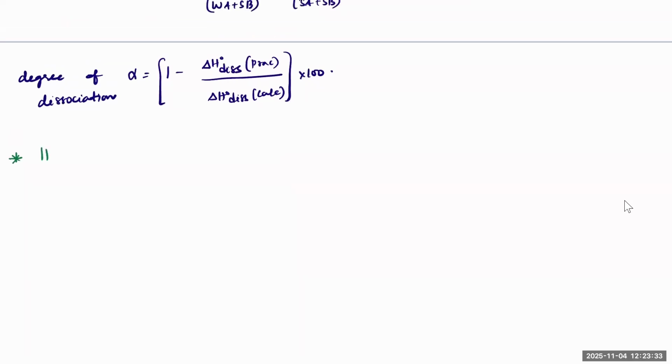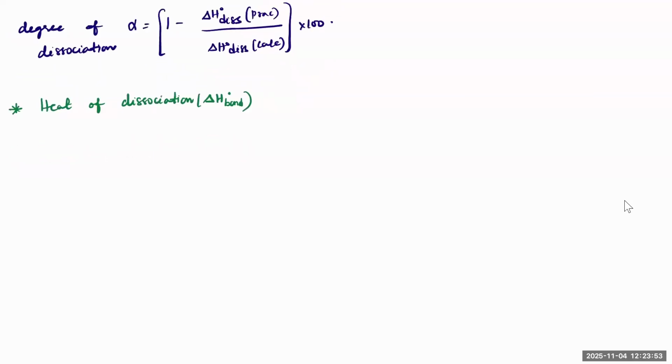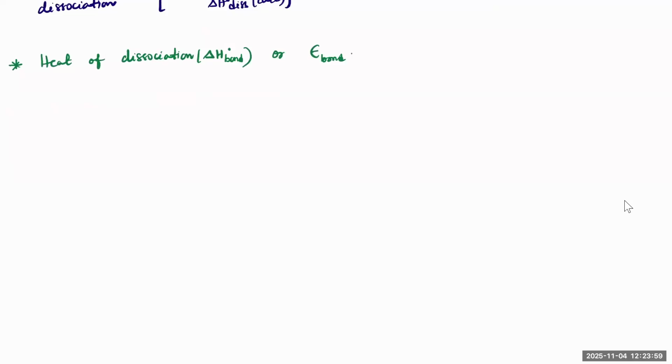Next one is heat of dissociation. Heat of dissociation is delta H naught of bond dissociation, or usually we write it as enthalpy of some bond here. This is the other way of writing.